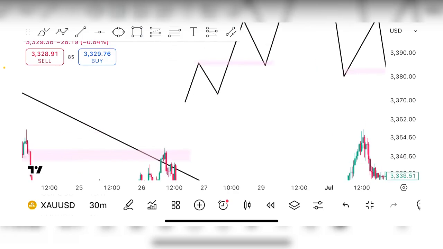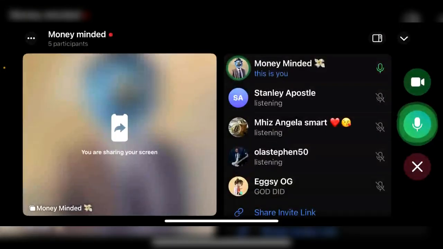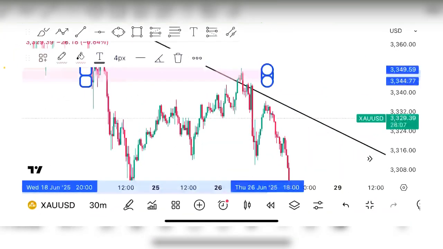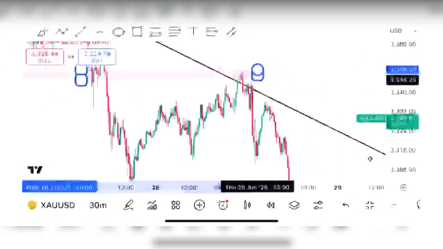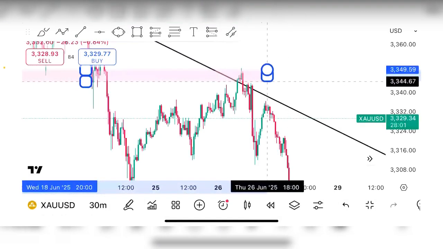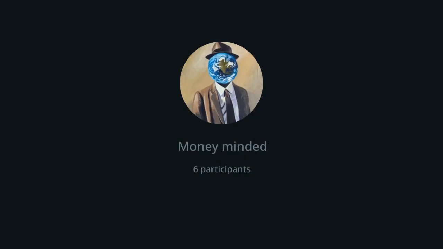So as you can see, whenever price comes back to that trend line and you are finding the resistance, please make sure the resistance box, which is this rectangular tool here, matches perfectly well with your trend line.